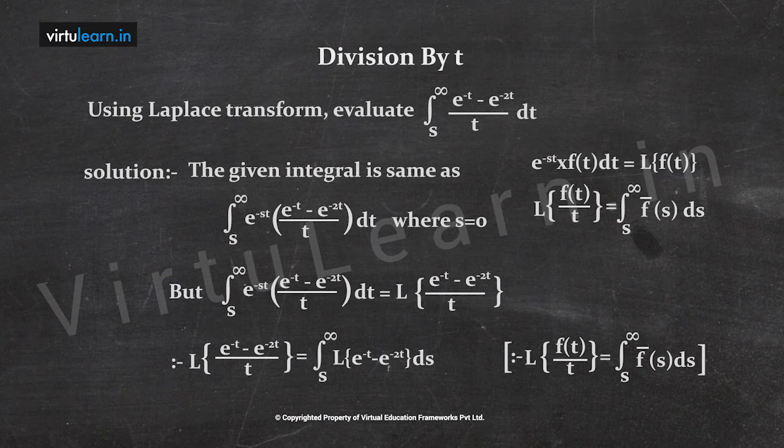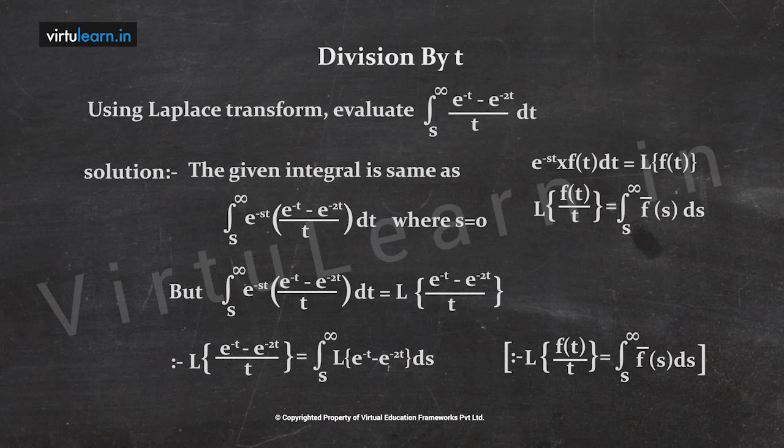Now compare with this formula. Then e power minus st is available, integral s to infinity, dt is available. Instead of f of t, I have e power minus t minus e power minus 2t. Therefore, the Laplace transform of (e power minus t minus e power minus 2t) by t equals integral s to infinity, actually the f of t by t formula I am applying here.